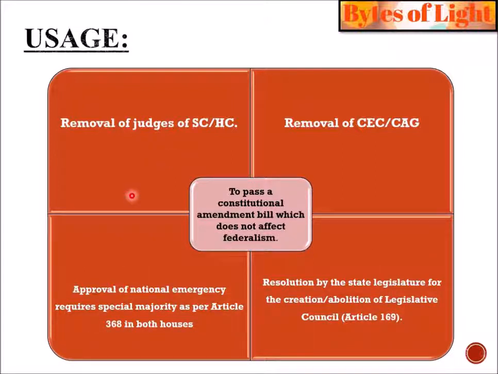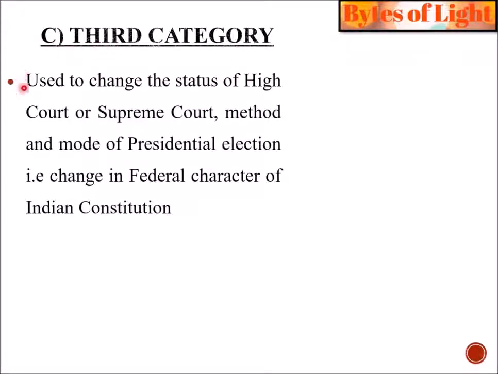Now let's come to the third category. It is used to change the status of High Court or Supreme Court, the method and mode of presidential election, that is, change in the federal character of the Indian Constitution. In the previous slide, the second category dealt with items which do not affect federal character, but here we are talking about things which deal with the federal character of the Indian Constitution.